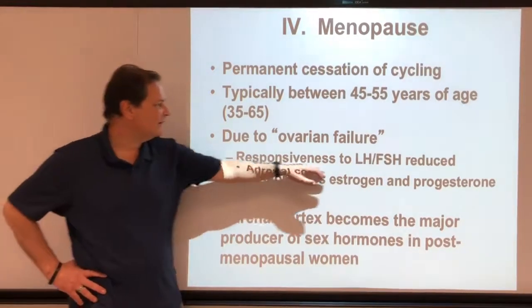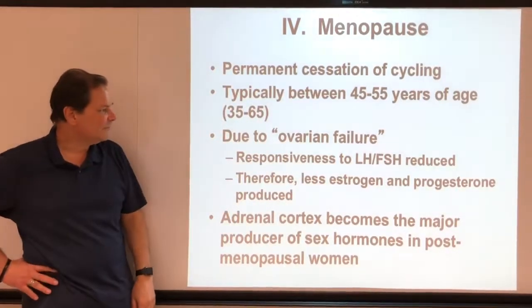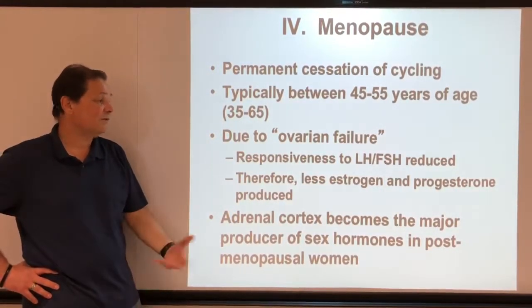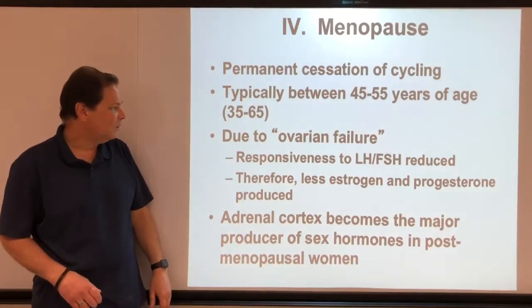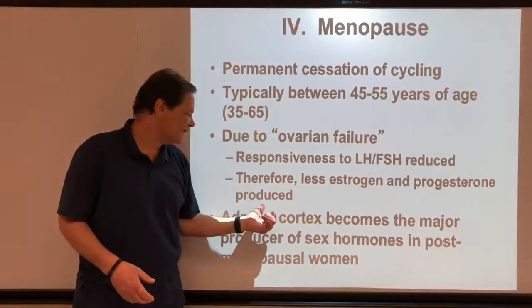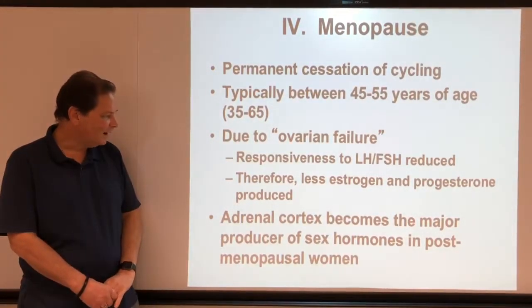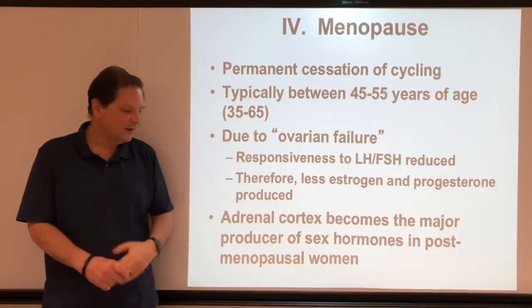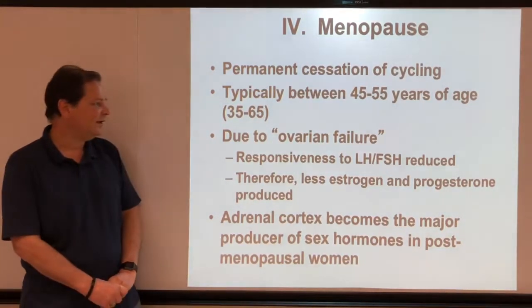The responsiveness of the follicles that remain to LH and FSH is reduced. And so what you get is less estrogen and reduced progesterone, and that sort of causes many of the effects of menopause that you see.